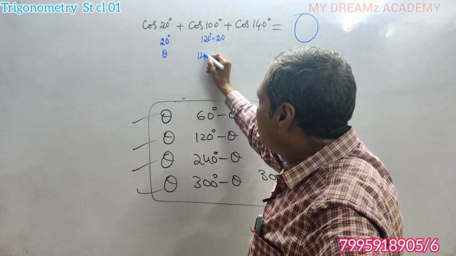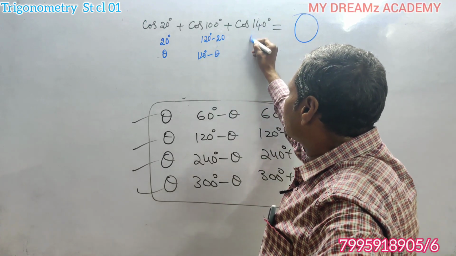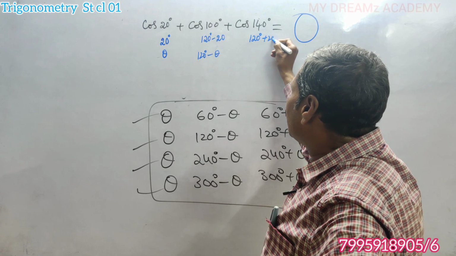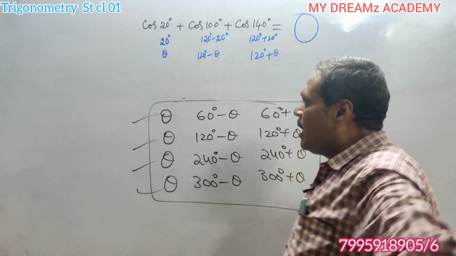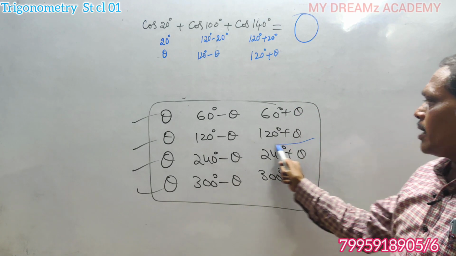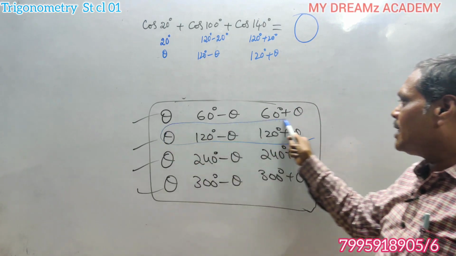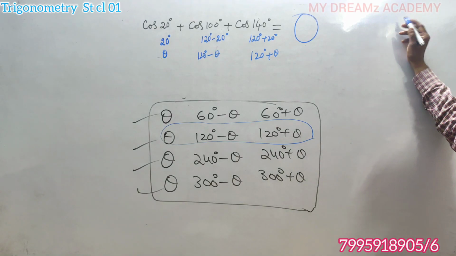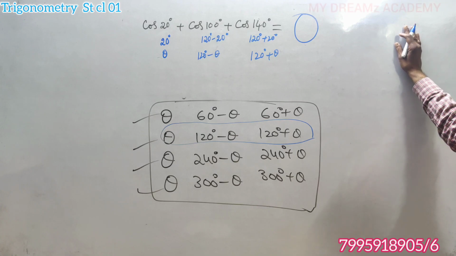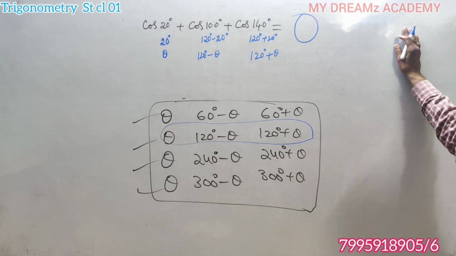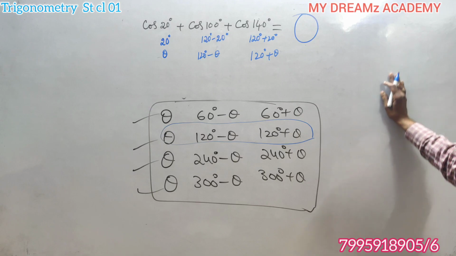This is 120 plus 20, in the form of 120 plus theta. Which set is it? This one: theta, 120 minus theta, 120 plus theta. If the sum of the sine or cos is given in the form of this, then the value is 0.